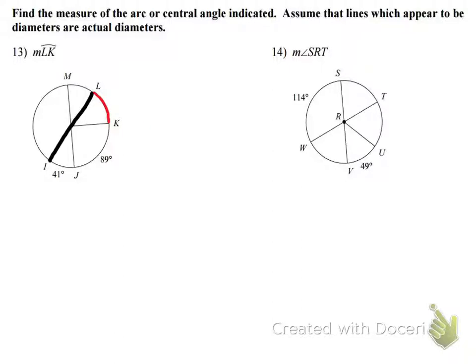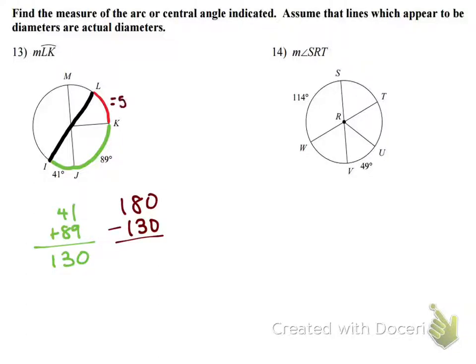Because you know that we have 41 degrees and we have 89 degrees. What do we know about all 3 of them put together? They should add up to 180. So let's figure out how much we already have with the 41 and the 89. We have 130. So out of the 180, we have 130. So how much is left for LK? 50 degrees.